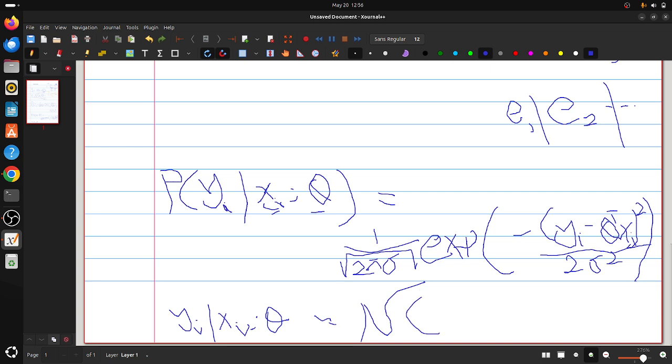For this case, the mean will be given by the transpose of theta xi, and the covariance will be given by sigma squared. So that's what it means.